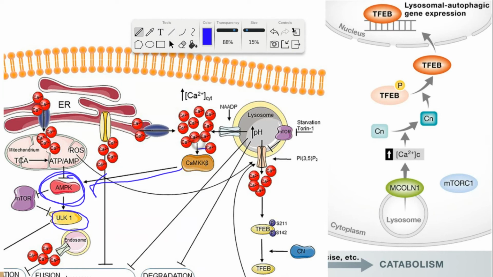It requires phosphorylation by CaMKK beta or liver kinase B1, which is another kinase. And AMPK also requires AMP. And cytosolic calcium is able to do both of these things. So cytosolic calcium activates CaMKK beta through calmodulin, and it also simultaneously upregulates AMP.